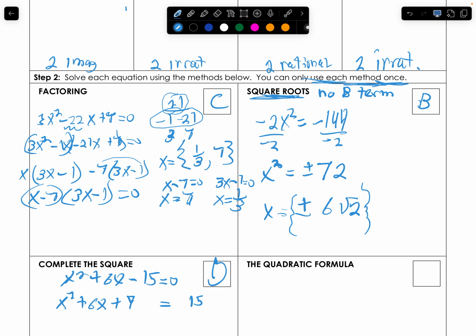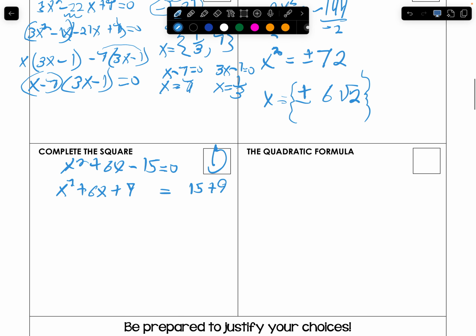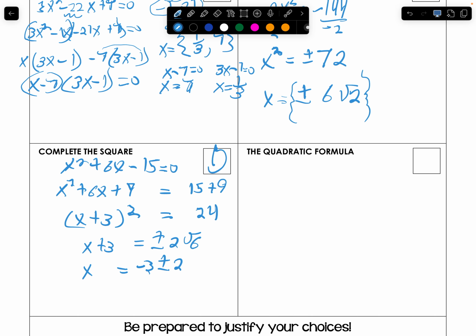I already have 15 over there, plus 9 on both sides. So I've got 15, 24. And over here I've got x plus 3, squared. Square root both sides. x plus 3 equals plus or minus square root of 24, which is 2 square roots of 6. Minus the 3, x equals minus 3 plus or minus 2 square roots of 6. There's my two answers. Yay.